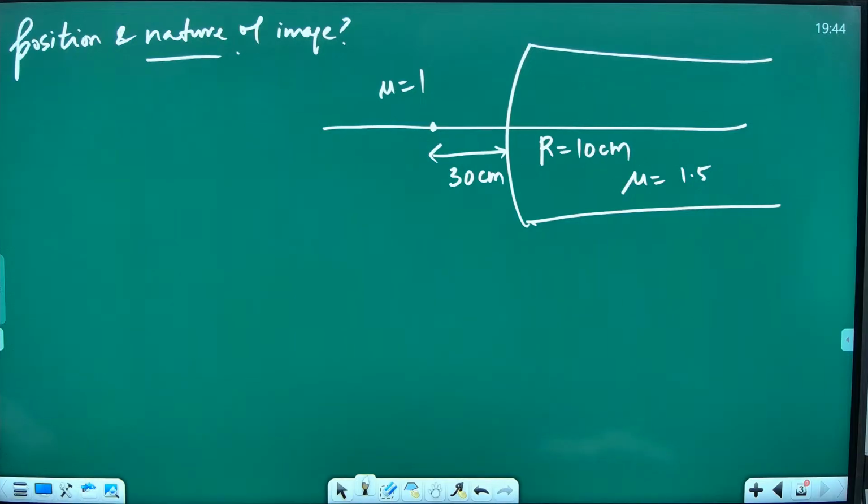Any answer? Direct formula based question here.